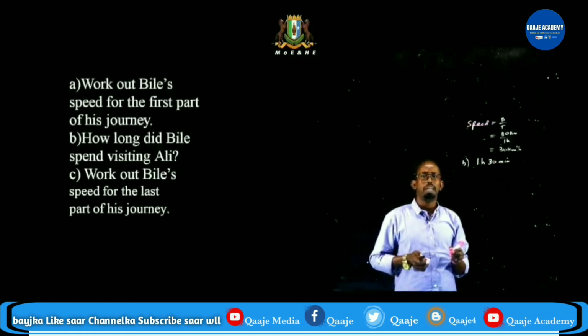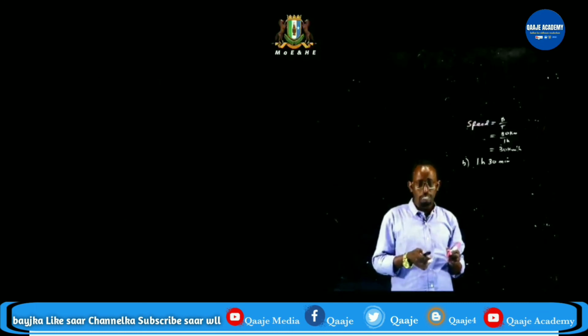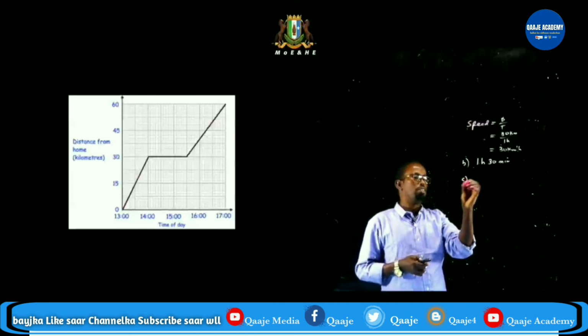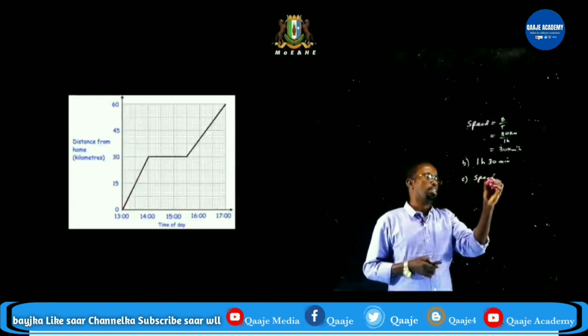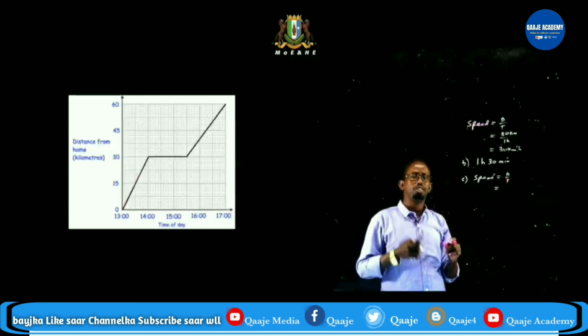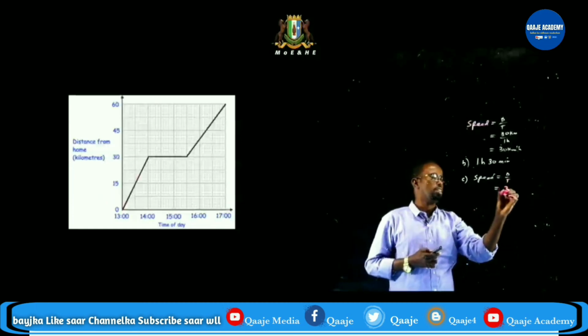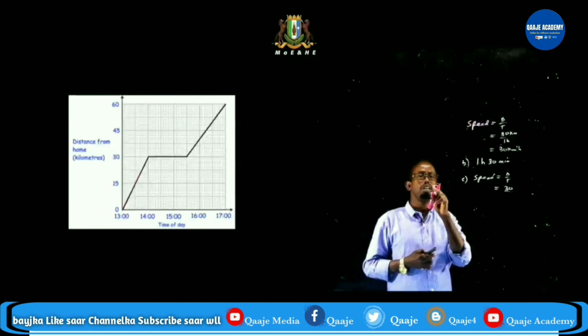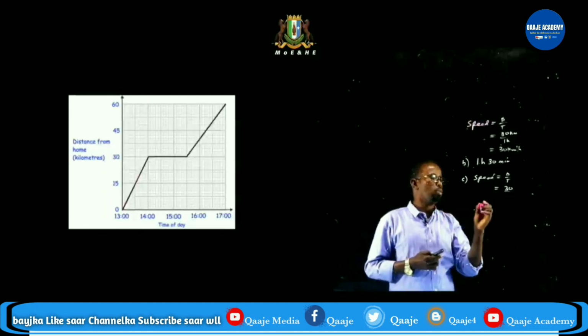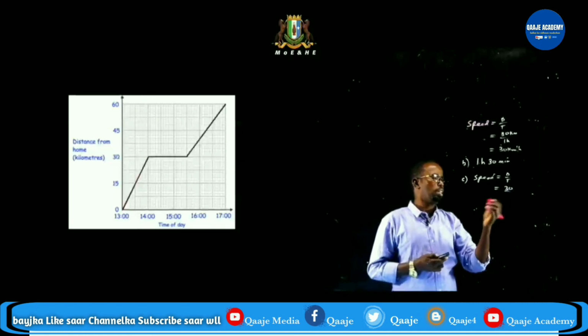C, work out Billy's speed for the last part of his journey. Speed is equal to, again, distance divided by time taken. The distance is 60 minus 30, you get 30. And then the time taken will be 30 minutes plus 1 hour, you get 1 hour and 30 minutes, which is the same as 1.5 hours.